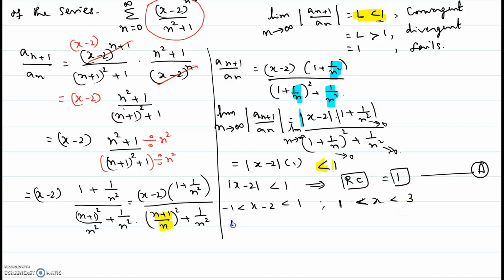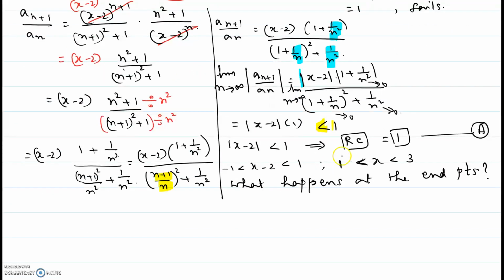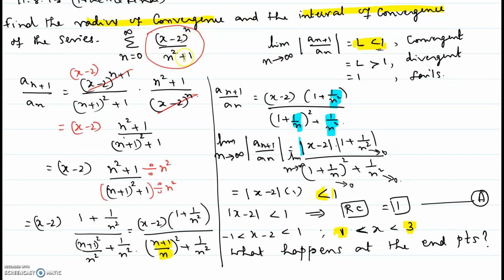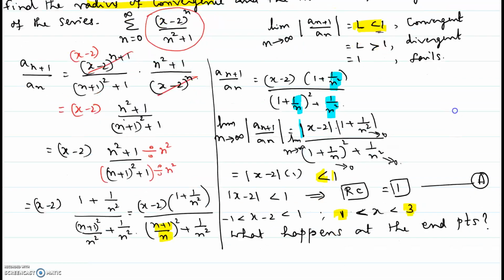So now the question is, what happens at the endpoints? We'll take the endpoints, which are 1 and 3, and plug them into the original expression, which is sigma (x minus 2) to the power n over n squared plus 1.